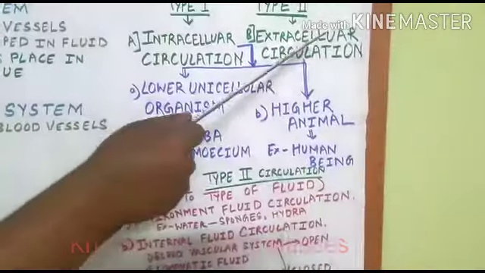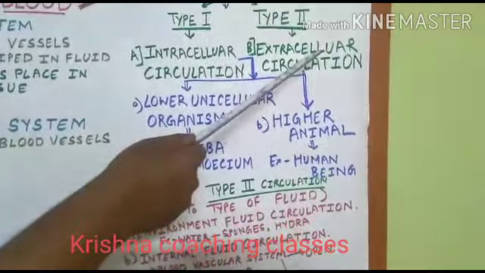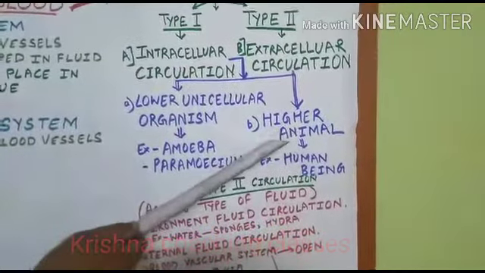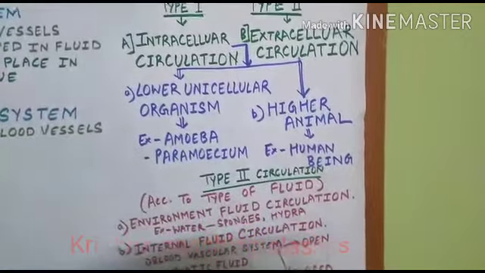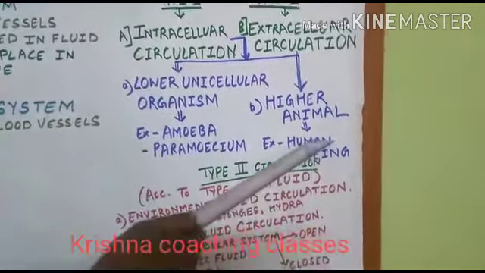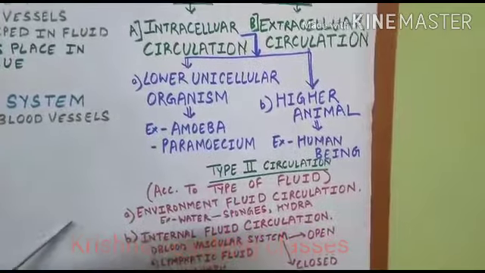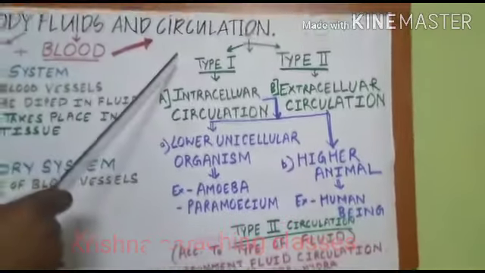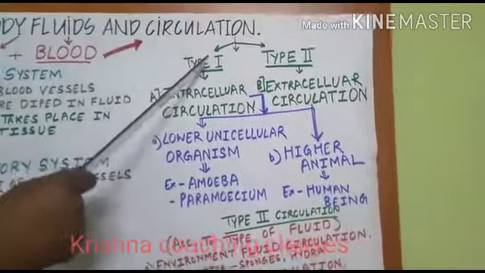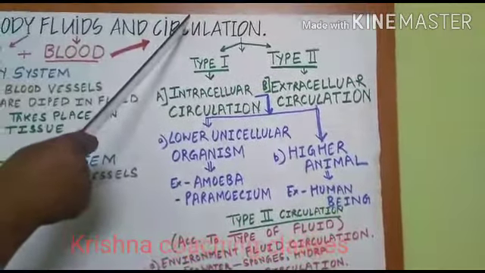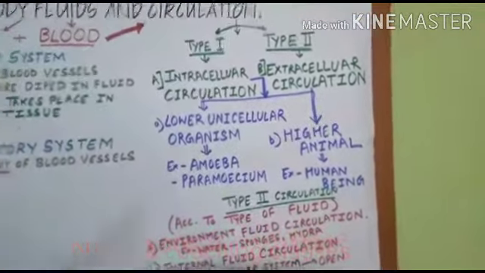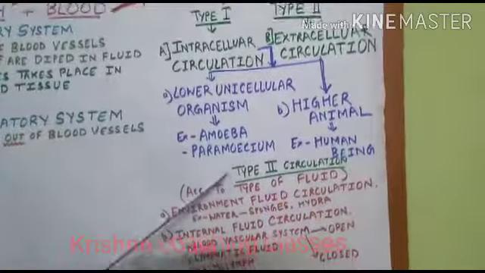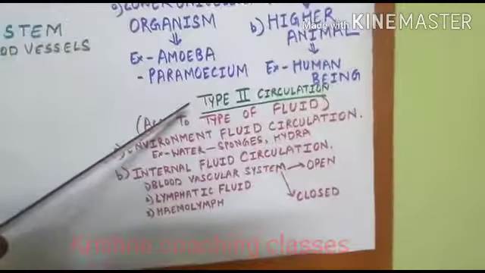And extracellular circulation is seen in higher animals, for example, we human beings. Now this is the type 1 classification of circulation. Now we are going to study the type 2 classification of circulation.